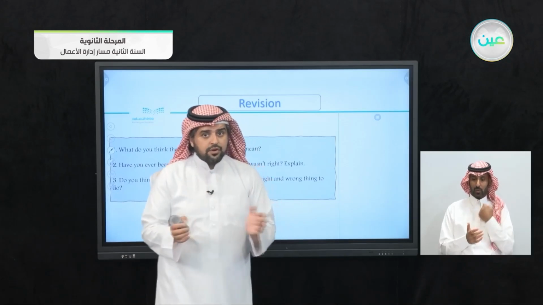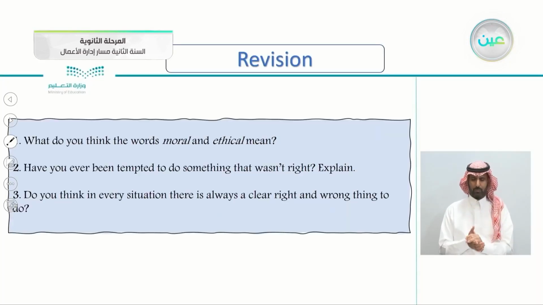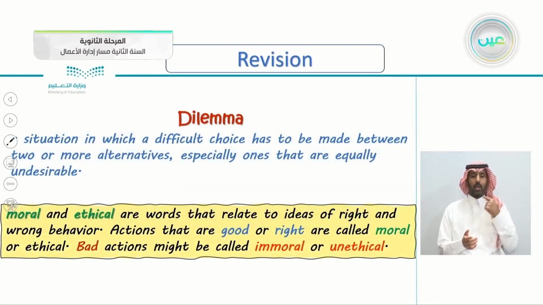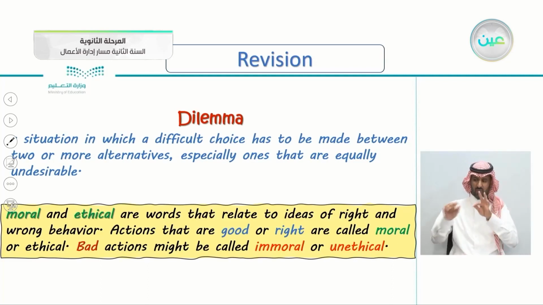For me, of course, I don't think that. Sometimes you don't know what's right or wrong. This is what we call a dilemma. A dilemma is a situation in which a difficult choice has to be made between two or more alternatives, especially ones that are equally undesirable.